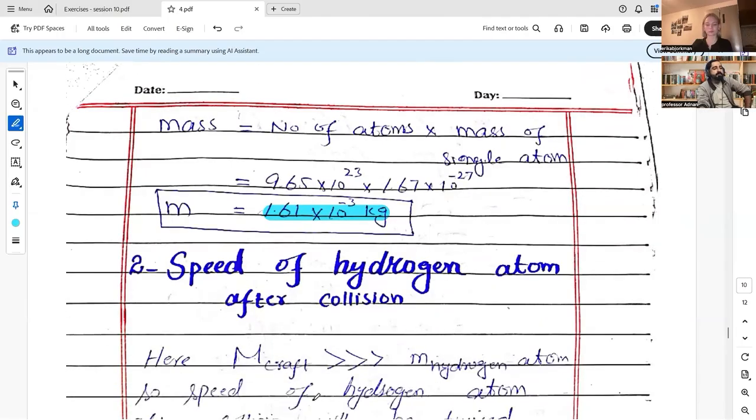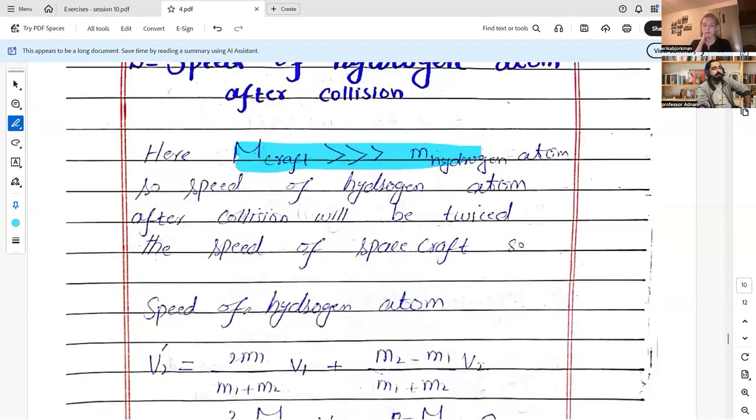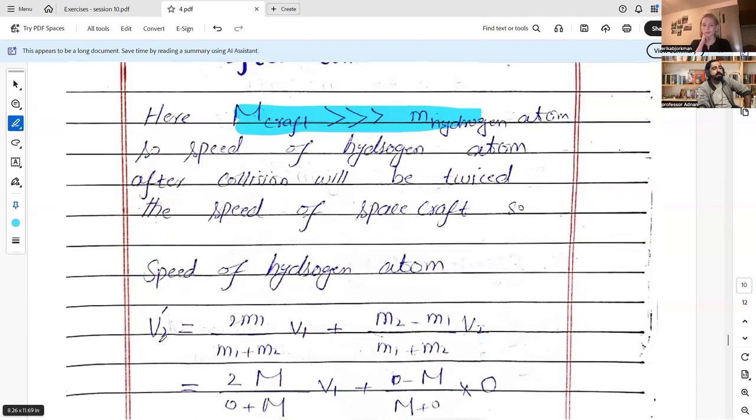Second part, speed of the hydrogen atom. We know the mass of the aircraft is very much greater than the mass of the hydrogen atom. So we have the formula, as we are here to calculate the speed of the hydrogen atom, that is the second mass. So final velocity of the second mass is equal to m1 over m1 plus m2 times v1, plus m2 minus m1 over m1 plus m2 times v2.